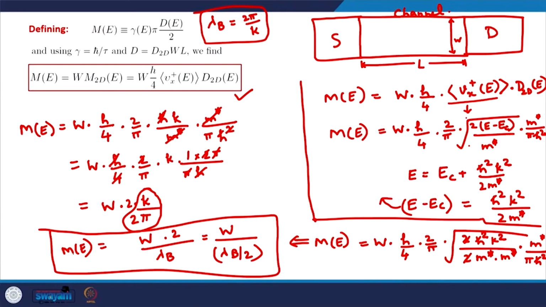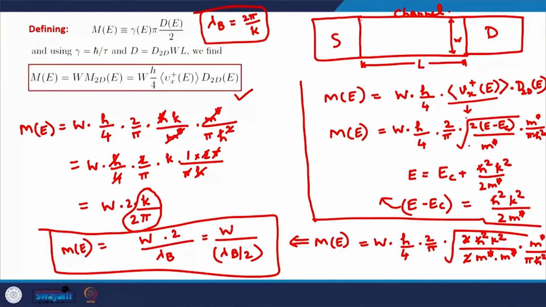What it says is that the number of modes in a device is essentially the number of half wavelengths that can fit into the width of that device. So it essentially means that it is the number of half wavelengths, where this is lambda b by 2.